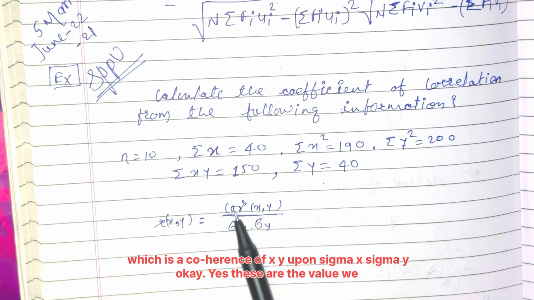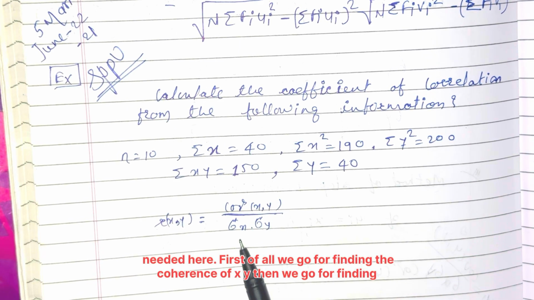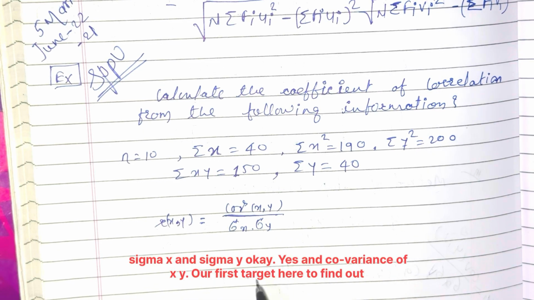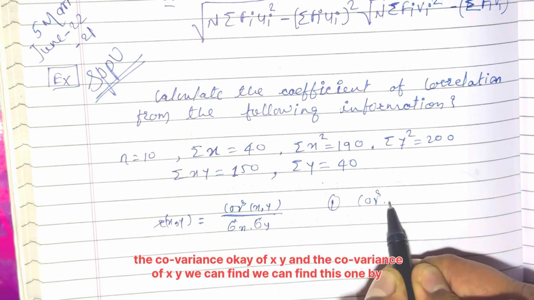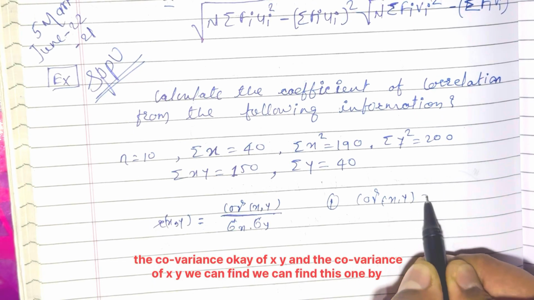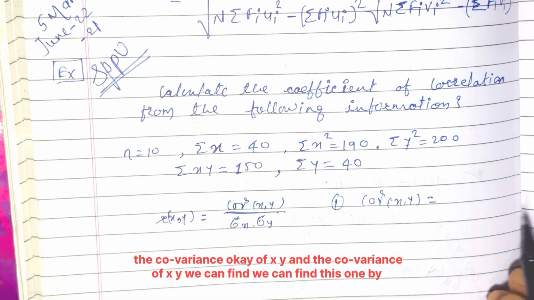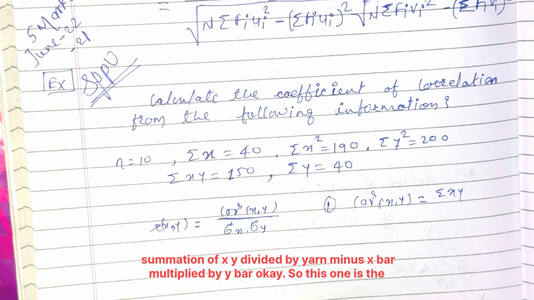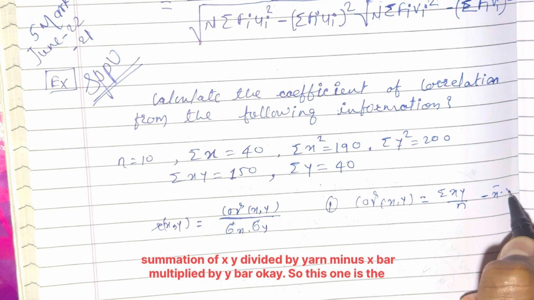These are the values we need here. First of all, we find the covariance of xy, then we find sigma x and sigma y. Our first target is the covariance of xy, which we can find by summation of xy divided by n minus x bar multiplied by y bar.